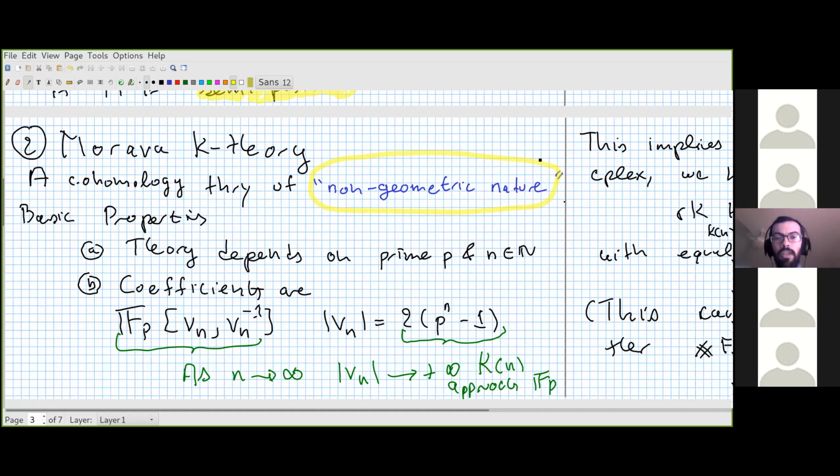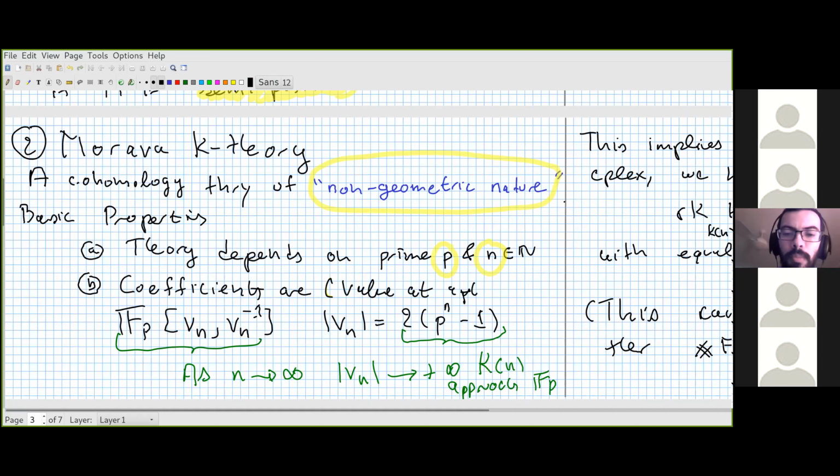As I said before, it depends on two parameters, a prime number and a height. Maybe the most important thing for us is its coefficients, and the coefficients of a generalized cohomology theory just means the value at a point.